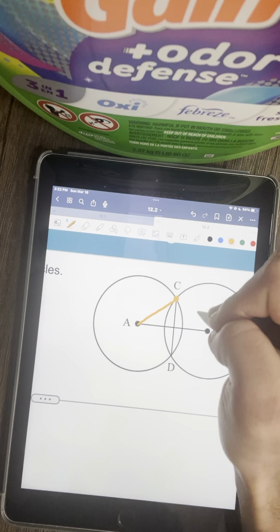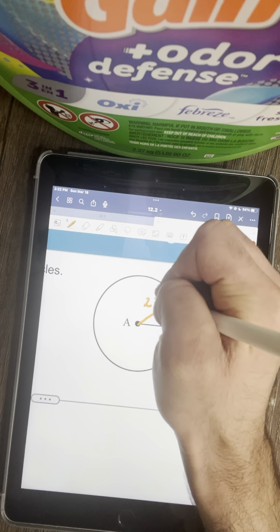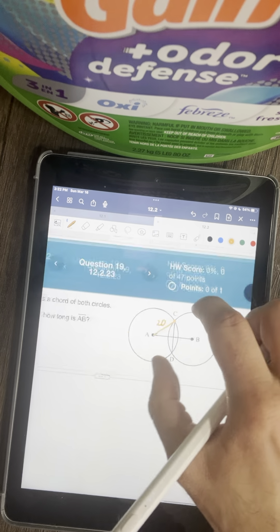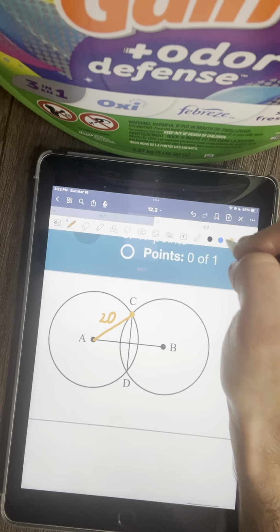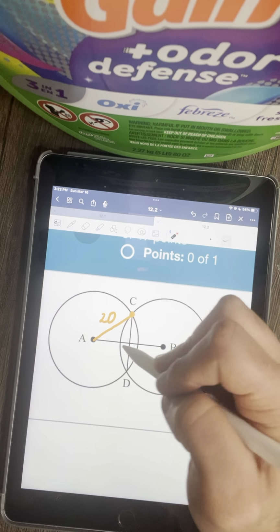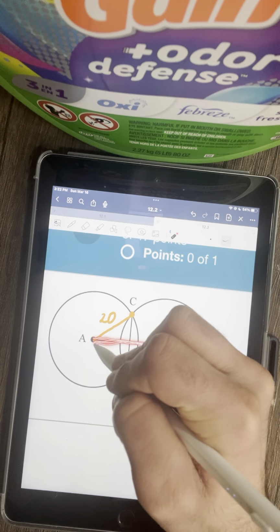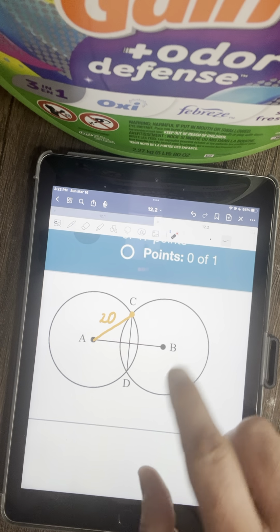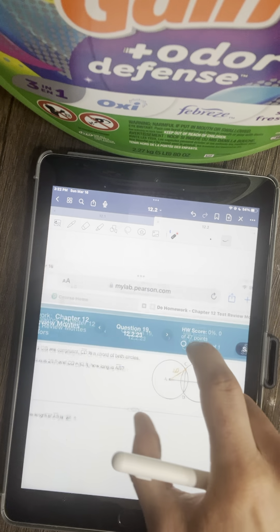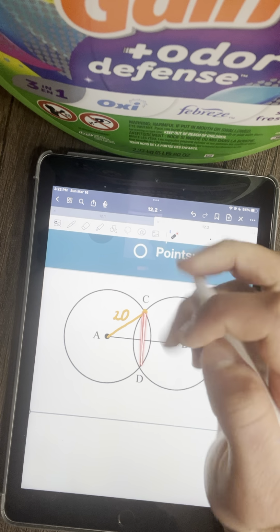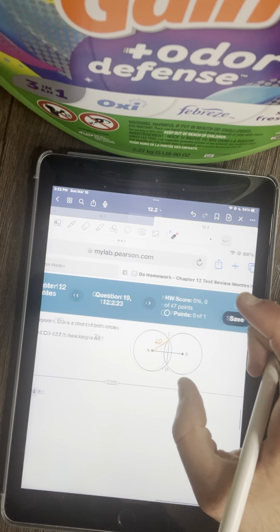So if this radius is 20, CD is 32, well, I know that this entire thing right here. CD is a chord. Okay, so CD is a chord.